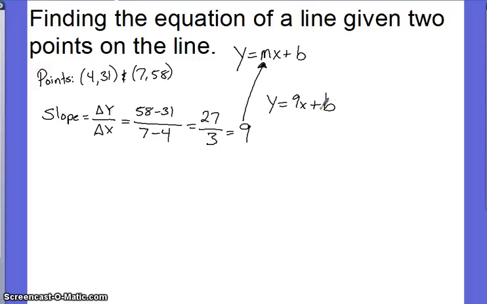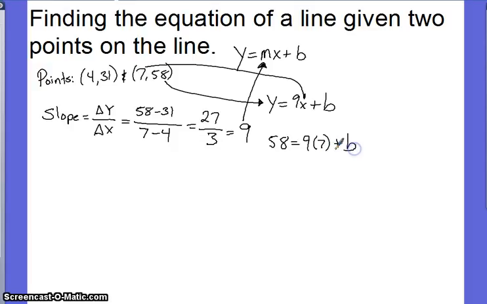Now I need to plug in one of my 2 points into the equation and solve for b. I'm going to take this point here, (7, 58). I'll take 7, plug it in here for x, take 58, plug it in here for y. So I have 58 is equal to 9 times 7 plus b. 9 times 7 is 63 plus b.